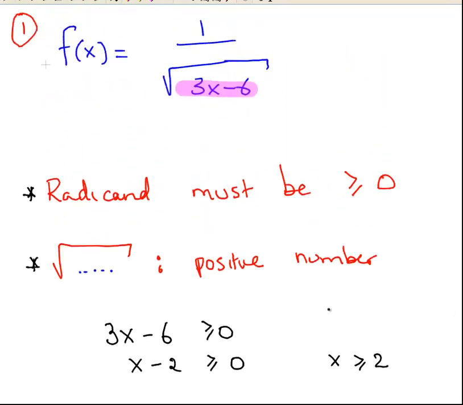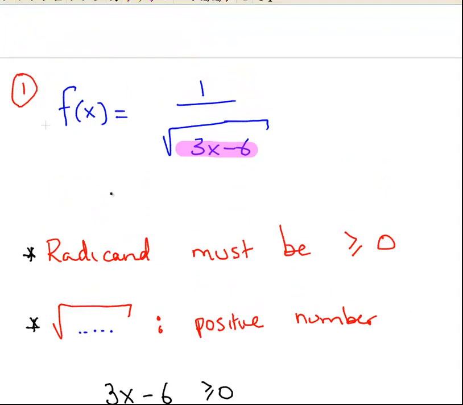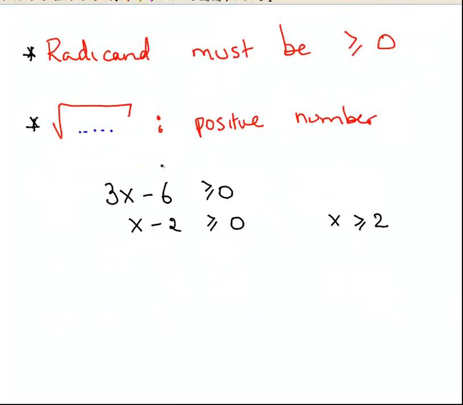Now, the second consideration is that we have a fraction here. Okay. And so the numerator is 1. Now the numerator can take the value 0, but we can't let the denominator equal 0. So the denominator cannot equal 0. Just as a quick remark, the square root of 0 is equal to 0, okay?